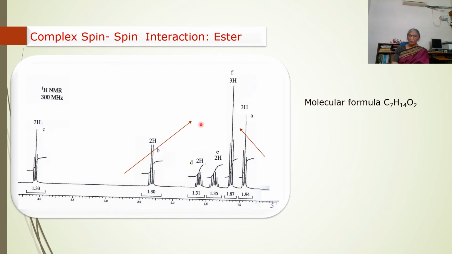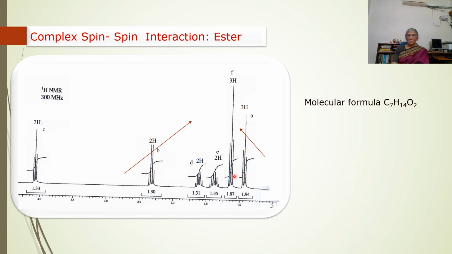Draw an arrow on this signal B and an arrow on signal A. Now they are pointing to each other. It means that the 3 equivalent protons which are providing signal A are coupling with the 2 equivalent protons which are giving signal B. So this quartet and triplet combination indicates the presence of an ethyl group.